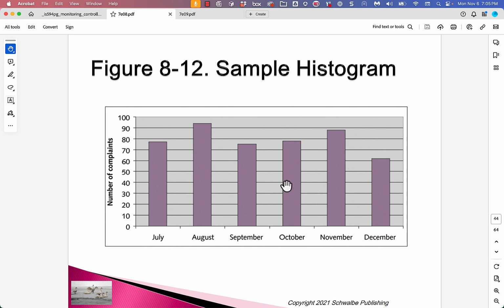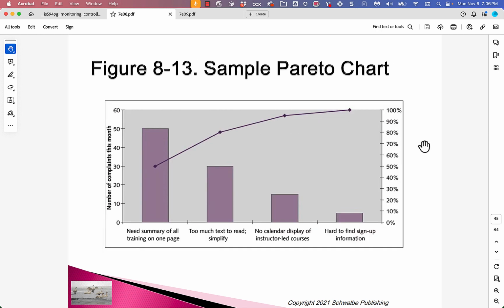So we can look at data over, say, time periods with histograms. And again, what are we looking for? We're looking for patterns and trends that we can go exploit and improve the process. Here's a Pareto chart.